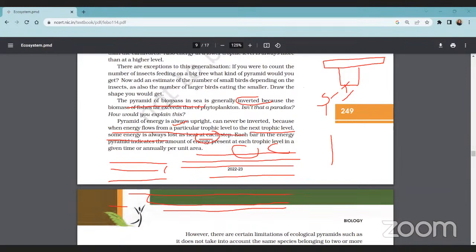Here, the biomass in the sea is inverted because the biomass of fishes far exceeds that of phytoplankton.